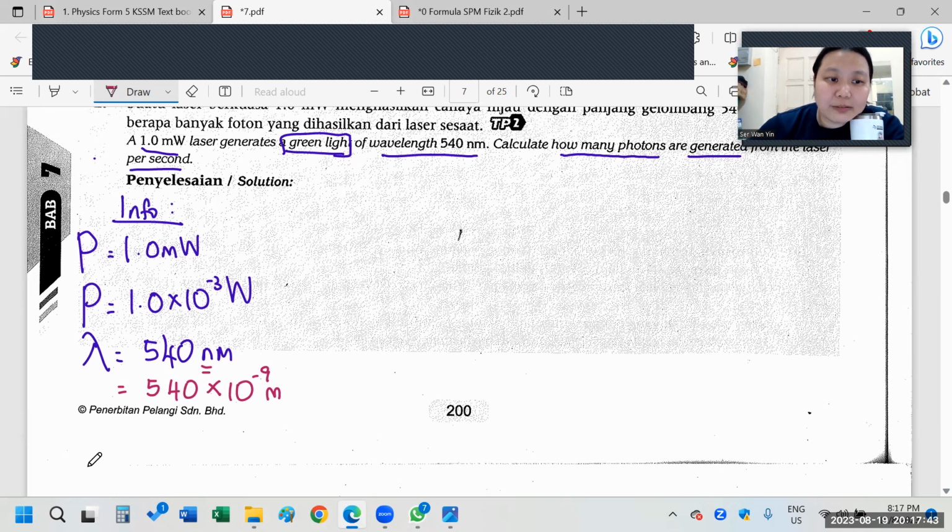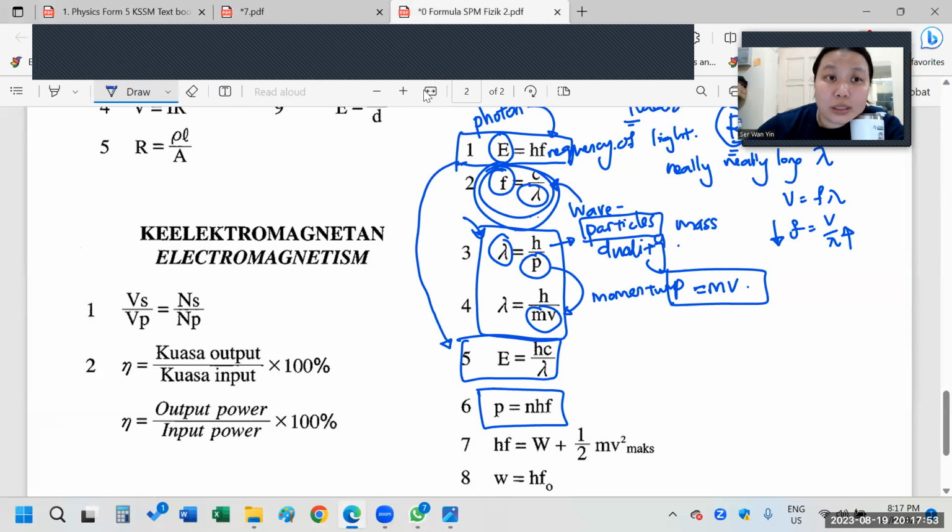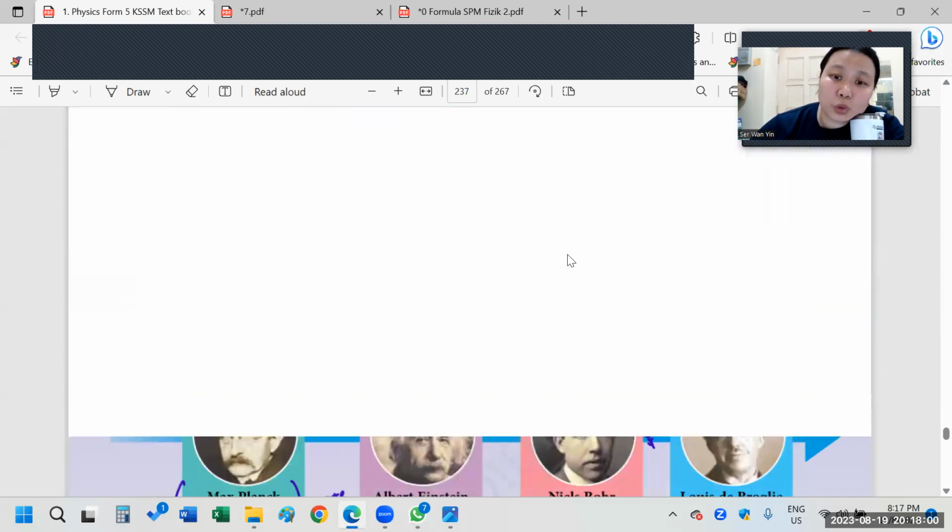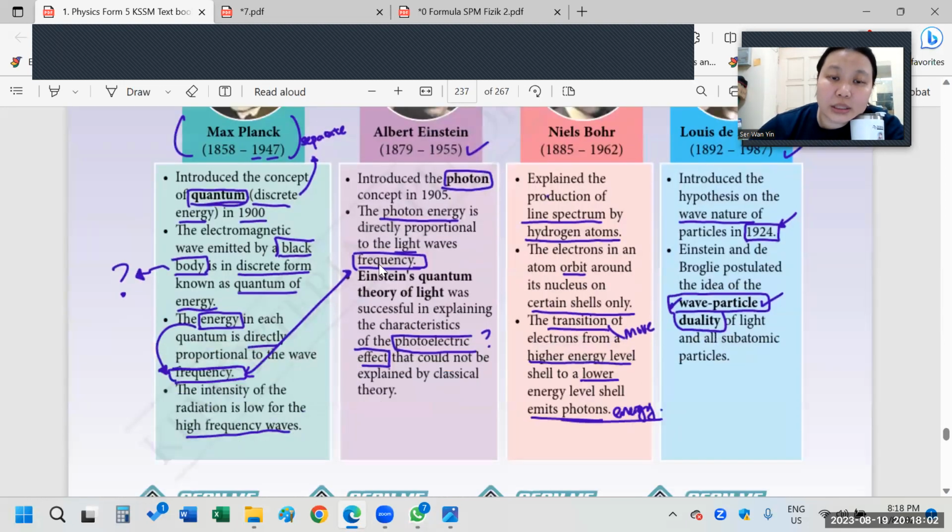Calculate how many photons. Okay, so you might have forgotten already. Photon actually means E. E equals to hf. The E is called photon. Okay, then what is photon? Photon actually is a discrete form.